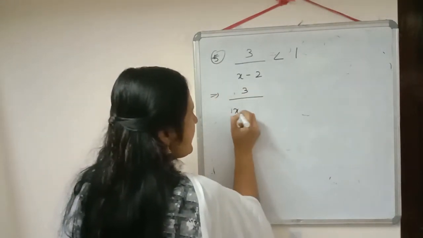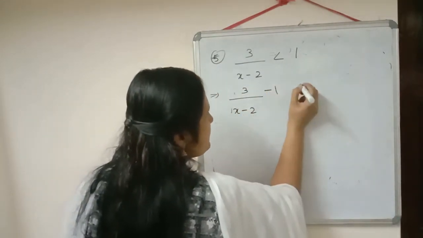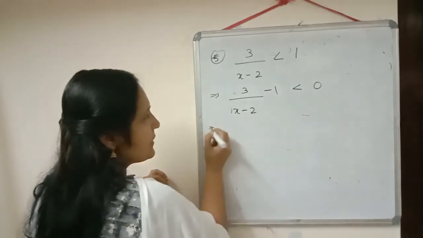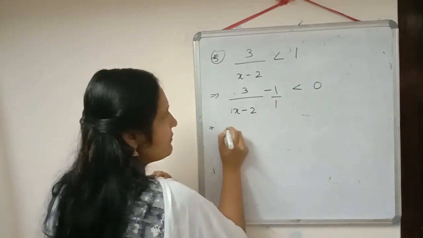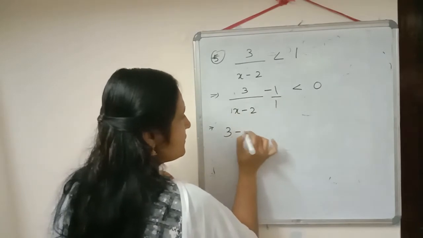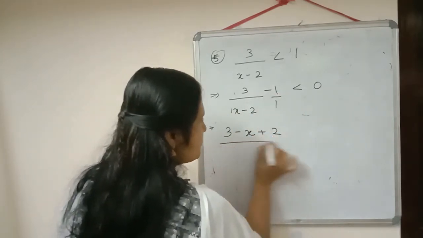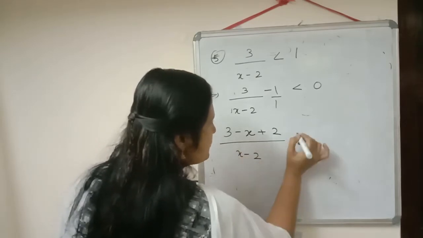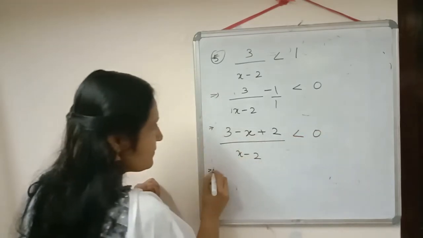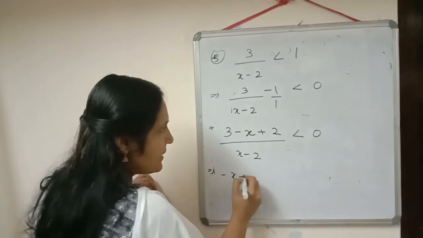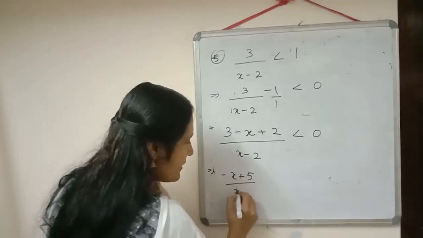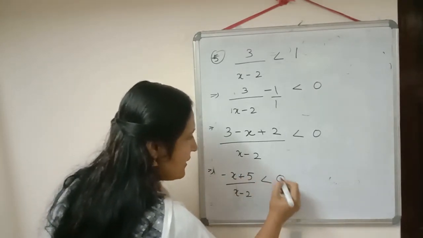Then 3 by x minus 2 minus 1 less than 0. Do the cross multiplication, then we will get 3 minus 1 into x minus 1 into minus 2, plus 2 by x minus 2 less than 0. Minus x plus 5 by x minus 2 less than 0.